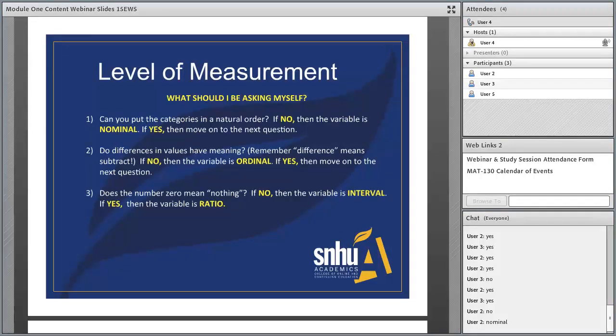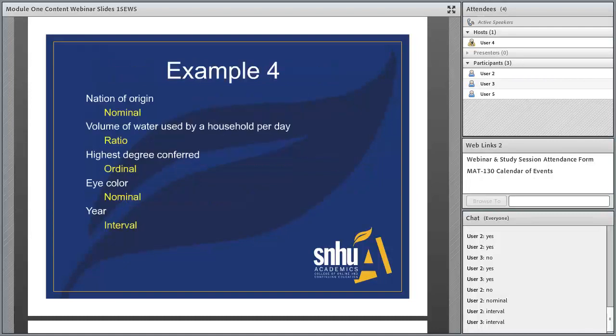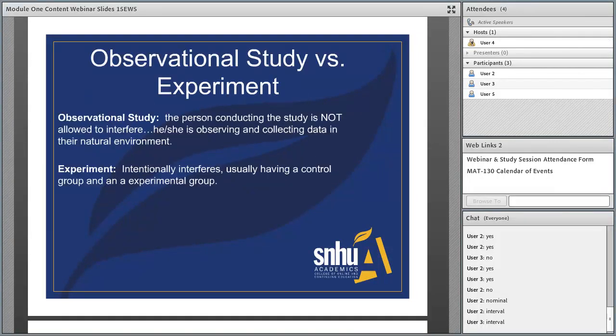I'll let you go through these and tell me what level of measurement you think the year is. Good, excellent. All right, you guys got it. Okay, so it's interval.